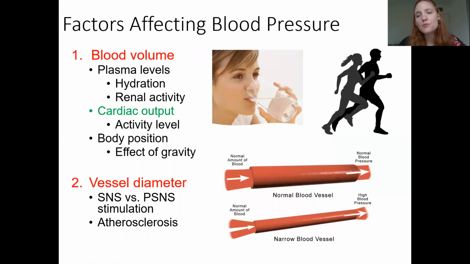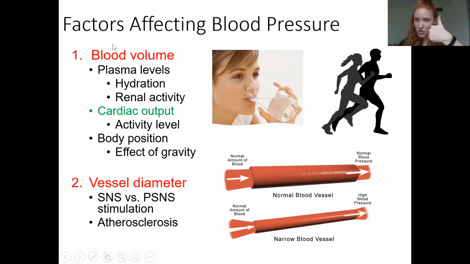The biggest piece to today's lecture is understanding how different variables affect blood pressure and also looking at cardiac output. So, the two major factors that affect the amount of blood pressure. Remember, it's just the pressure of the liquid, which is the blood, pushing against the artery walls. The ways that you can change the amount of pressure is by changing the volume of the blood.